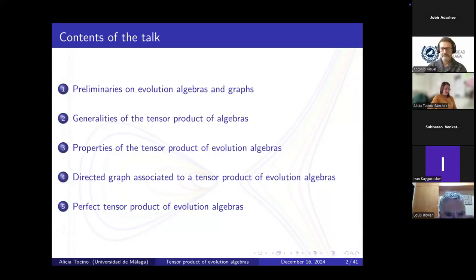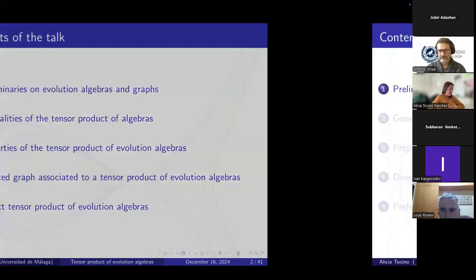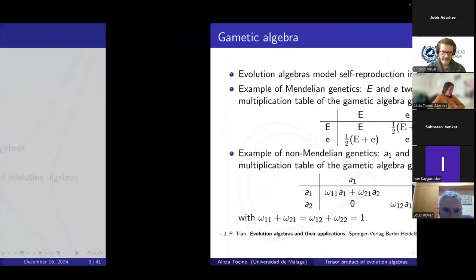Next, we will give some definitions of the directed graph associated to a tensor product of evolution algebras. And finally, the most interesting part is where we classify the perfect tensor product of evolution algebras. So let's start.